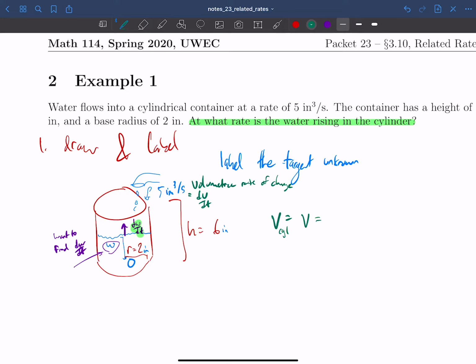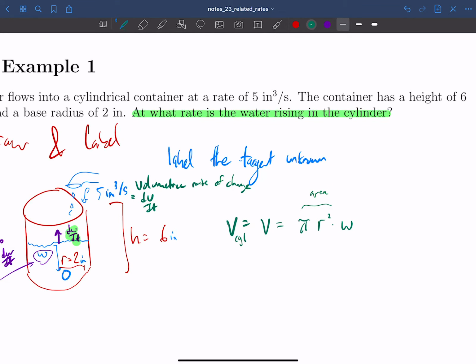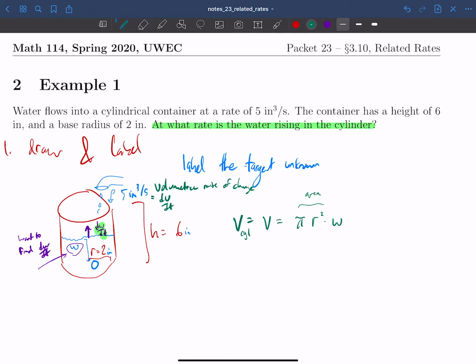The volume of a cylinder, put this on a sheet of common formulas, is equal to pi times the radius squared, the cross-sectional area of the cylinder, times the height of the cylinder, or the height of the water. So this is how much water there is. This is our governing equation that relates the volume, the radius, and the depth of the water.